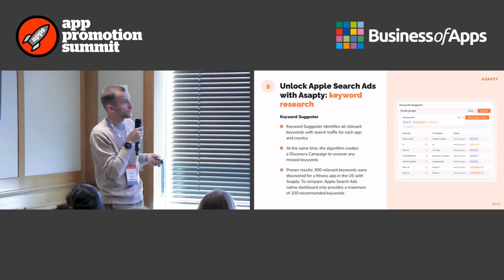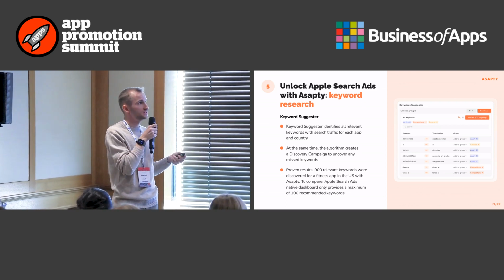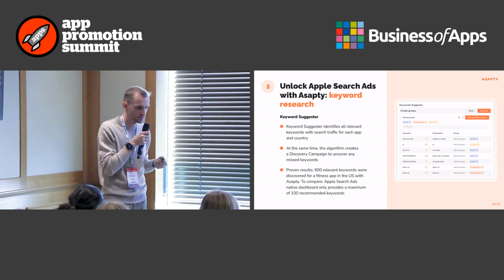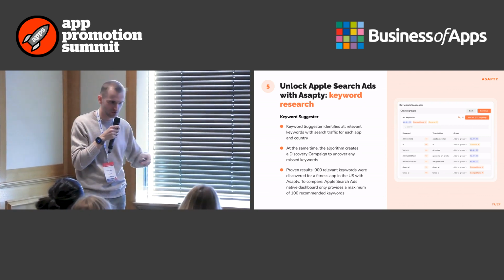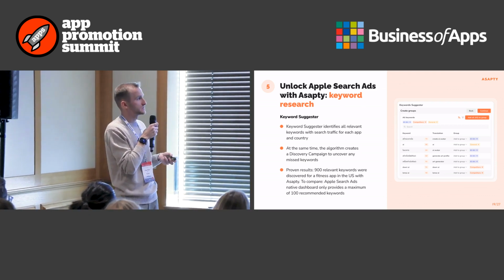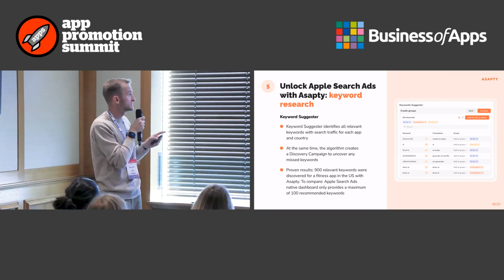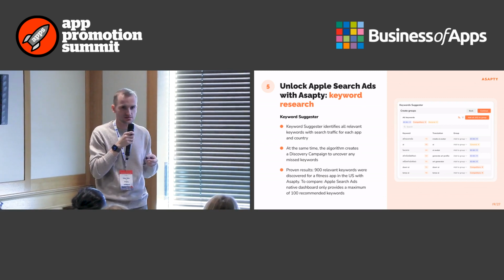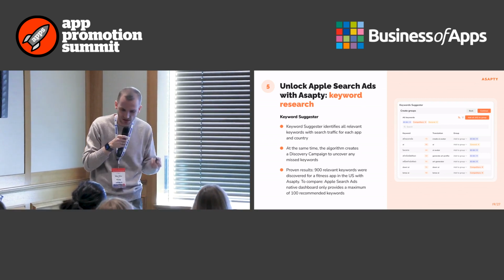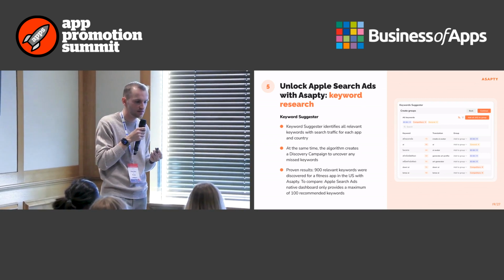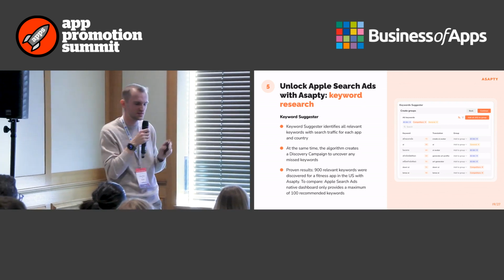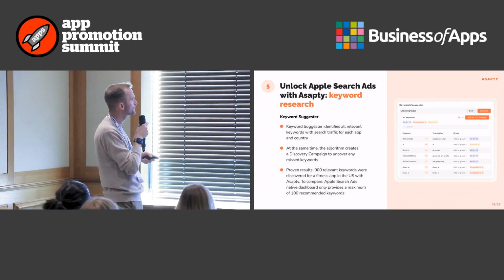We are using all the available APIs from Apple, from App Store, from Apple Search Ads, from everywhere, and we are able to find everything except for mistakes. If you have keywords with mistakes inside them, we are not able to handle this now, but we will be soon.